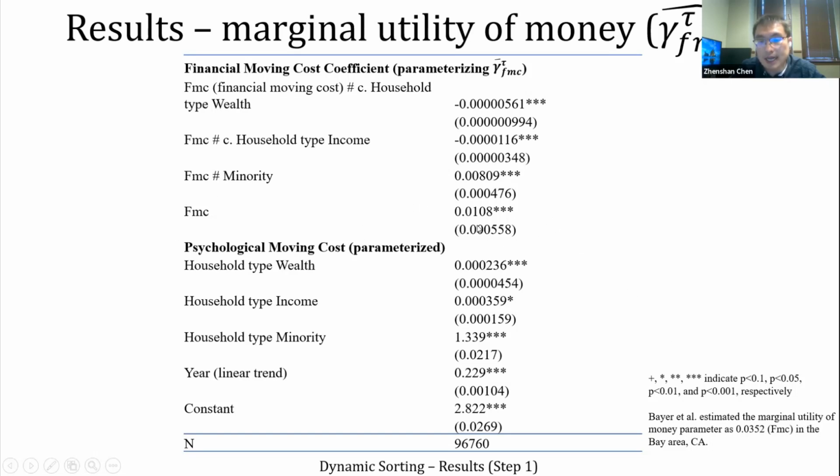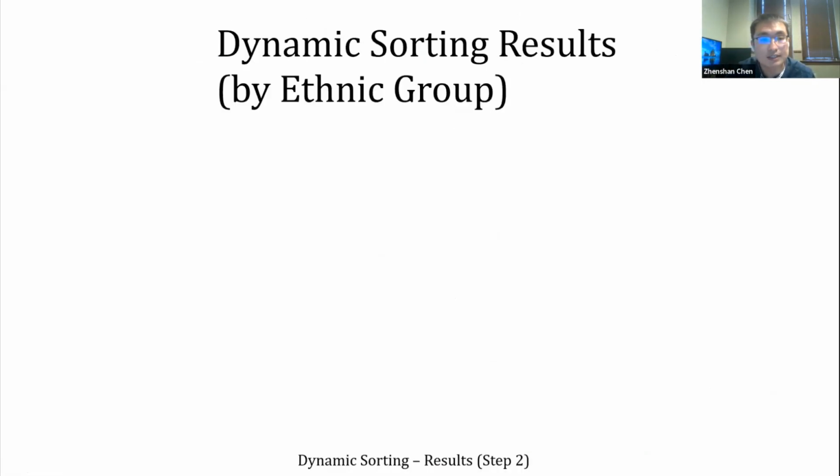We estimate it as 0.01 in coastal Connecticut, while Bay Area et al. estimated the same parameter as 0.03 or 0.035 in the Bay Area. It's about 3 times what we estimated. It makes sense that people have higher marginal utility of money in the Bay Area than coastal Connecticut. But I'm not quite sure whether this discrepancy makes sense. Yeah, we need to check that again.